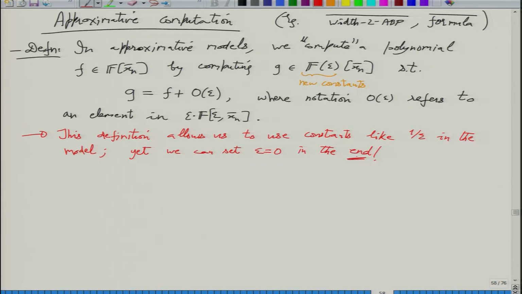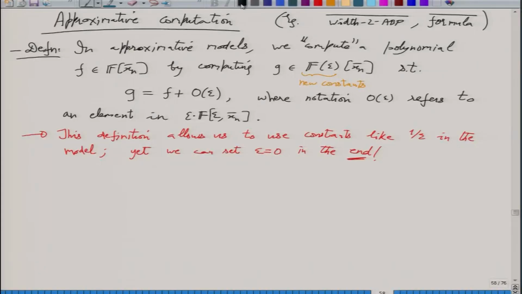So in the intermediate computation we are using a 1 over epsilon, so you cannot set epsilon to 0 because those computation things will become undefined. But in the end you get F plus big O of epsilon, and there you can set epsilon to 0 and recover F, right? But that doesn't give you an actual circuit because intermediate things are all undefined.